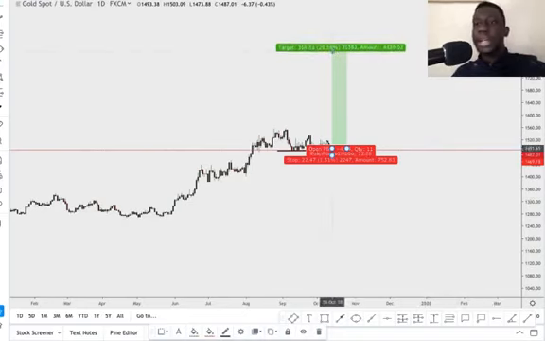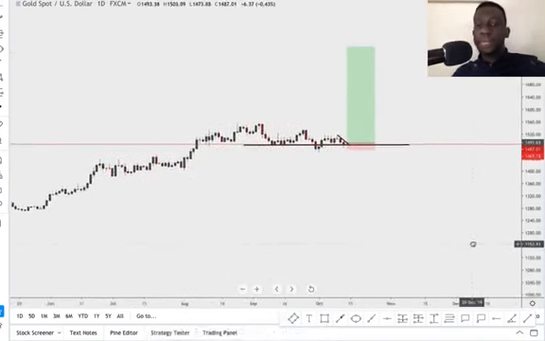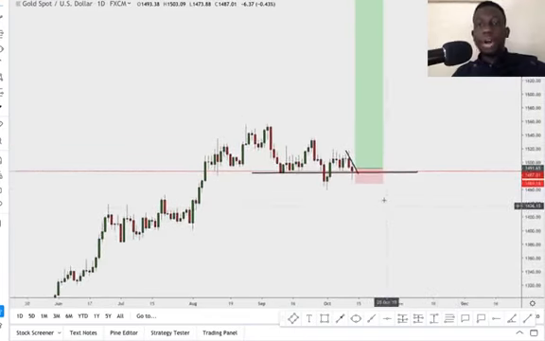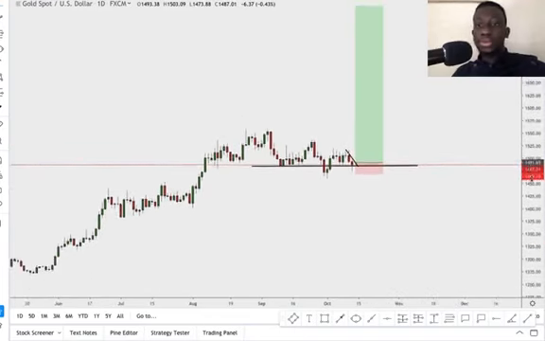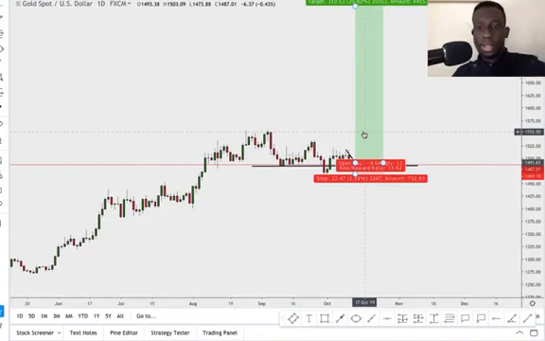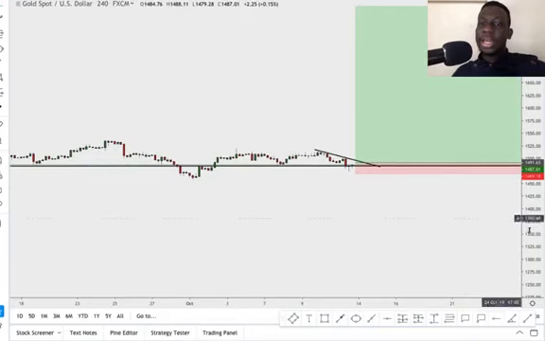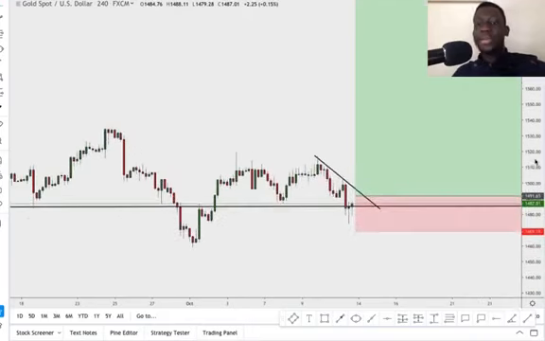Because I've looked at that on the monthly time frame, and I have an overall price target for gold, I can have a crazy risk to reward of something like this. This is 13:1.